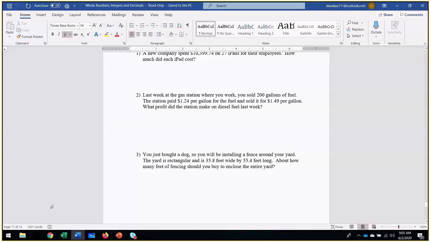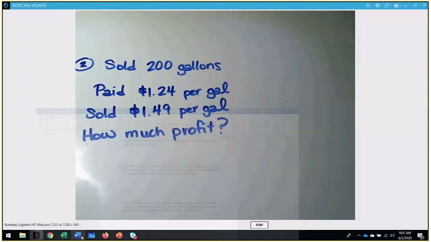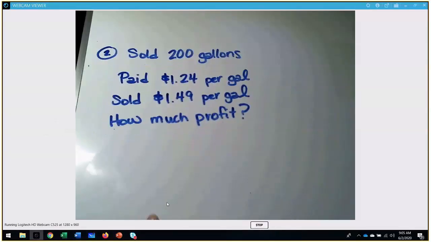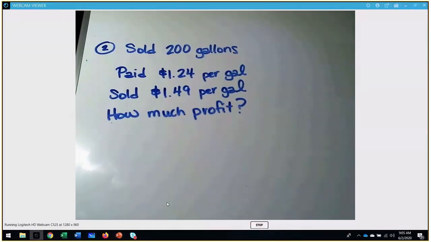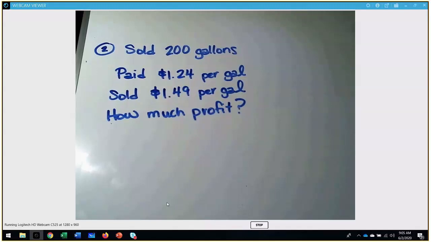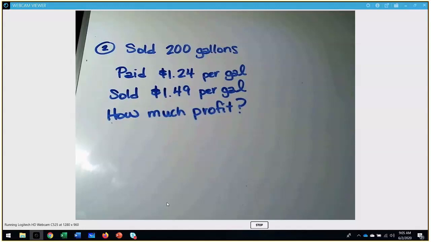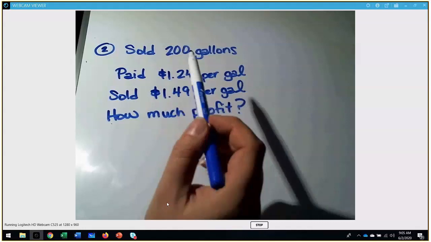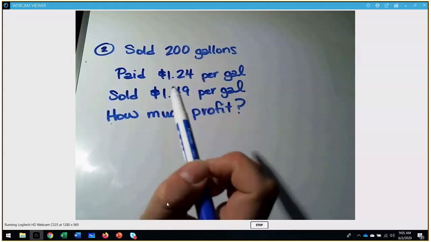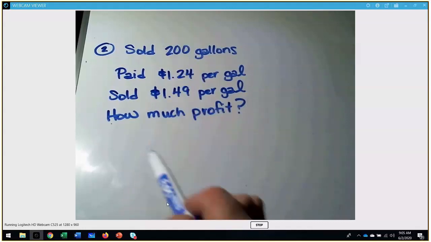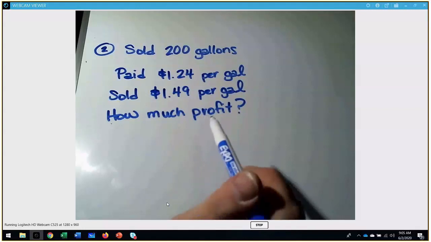Okay, so back to here. You can do this 2 different ways, actually. First way that comes to mind for me is let's figure out how much they paid for it. Let's figure out how much they sold it for, so we can determine the profit that they made.